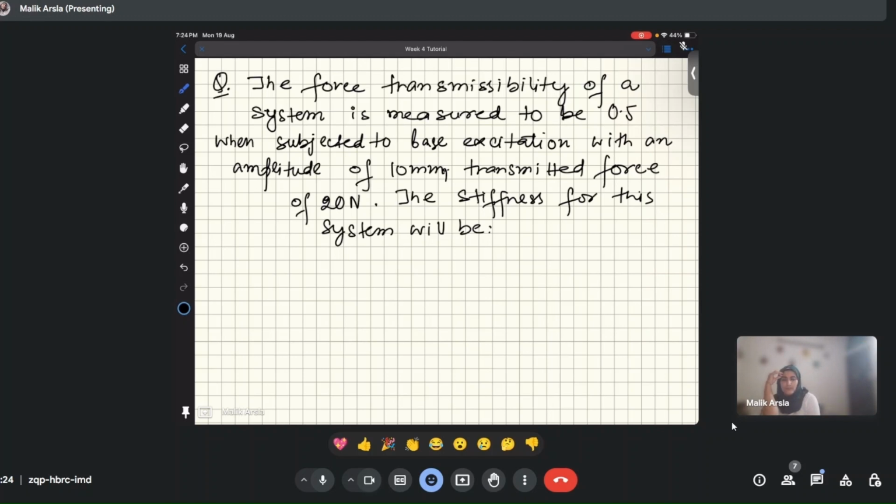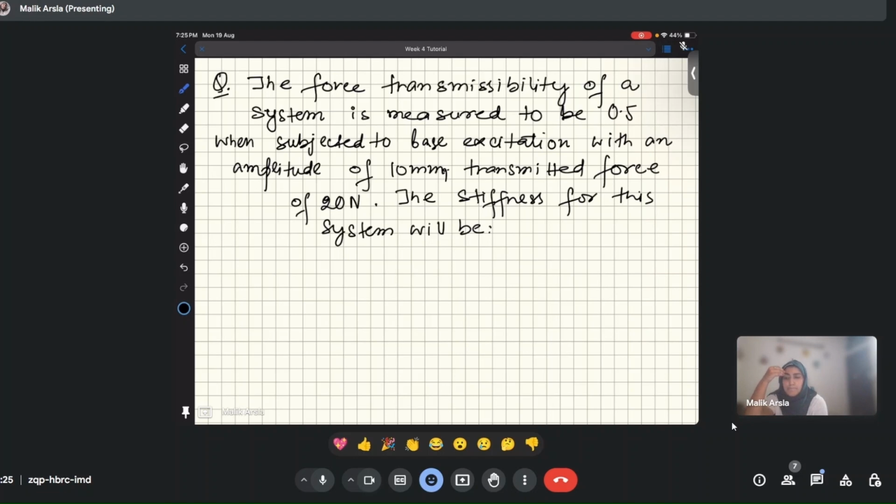Ma'am, here we have force transmissibility given as 0.5 and the amount of force transmitted is 20. So obviously the base excitation force amplitude will be double of that one. So first I calculate F0. That will be 40.